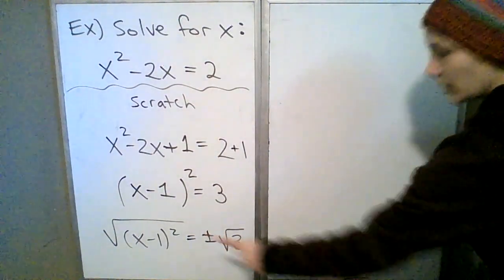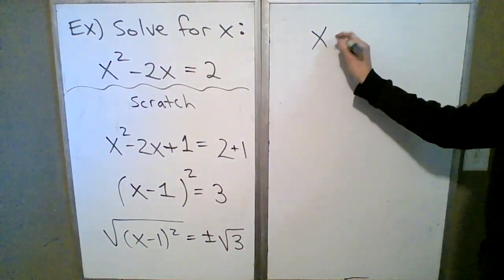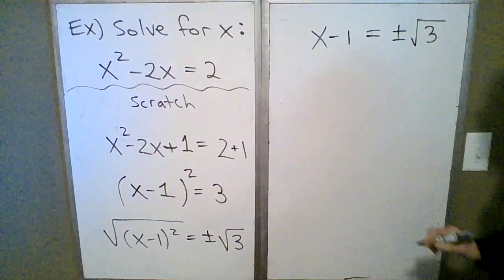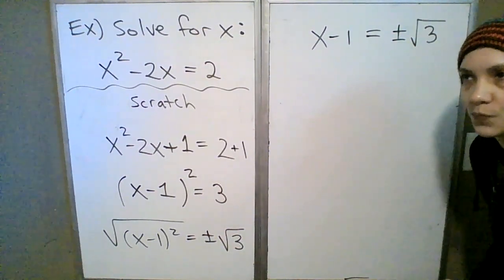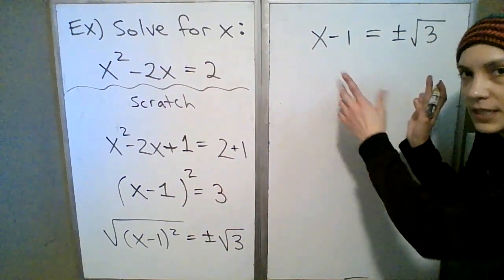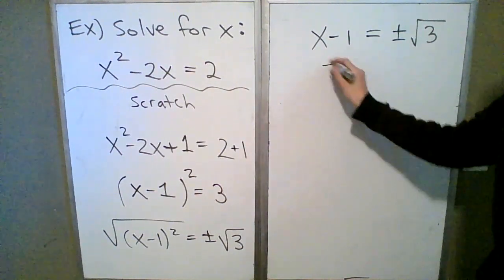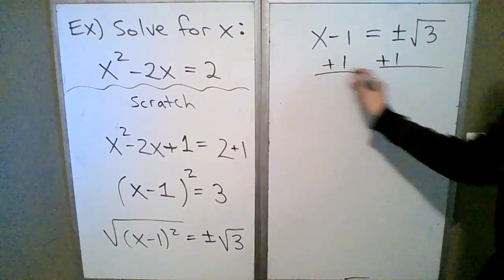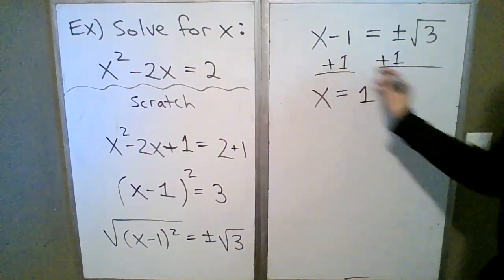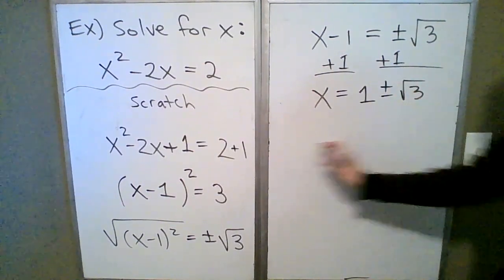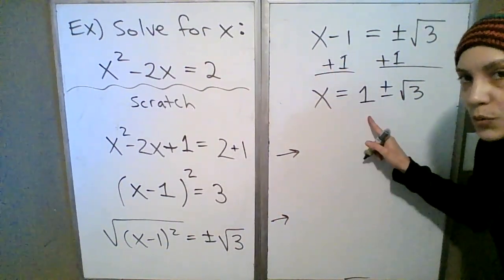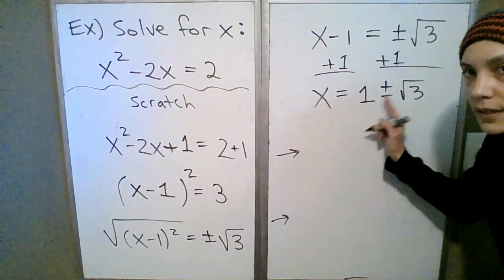Okay, you got an x minus 1 on the left, and a plus or minus root 3 on the right. Actually, one way to do this is to keep this and then add 1 to both sides. And x equals 1 plus or minus root 3. So you have your two solutions: x equal to 1 plus root 3, and x equal to 1 minus root 3.